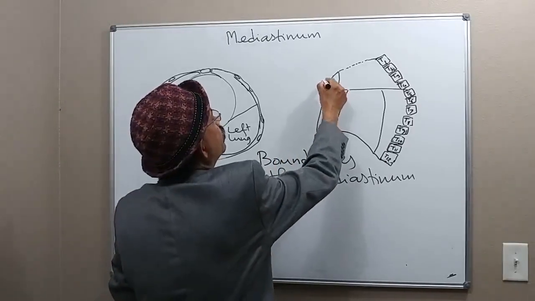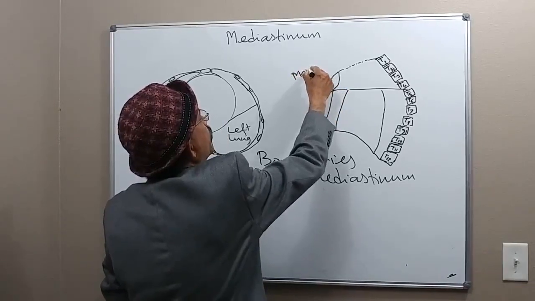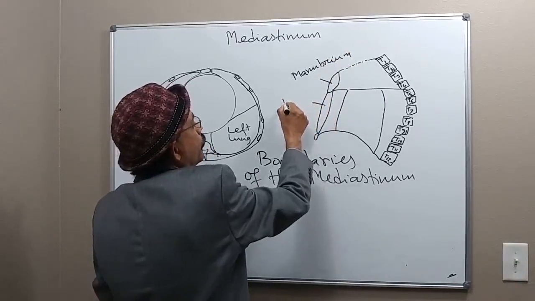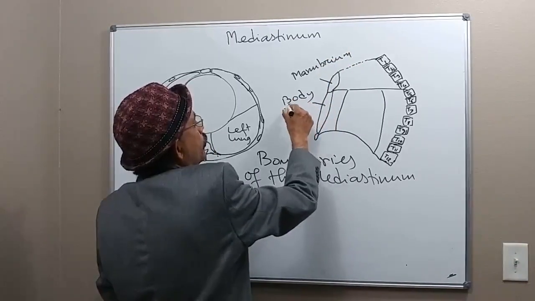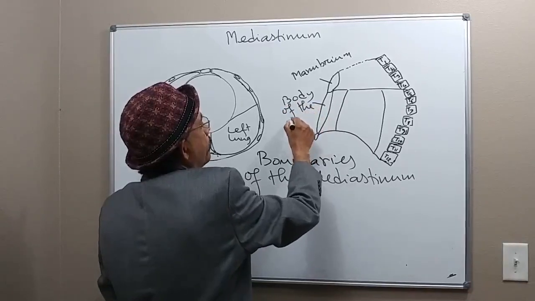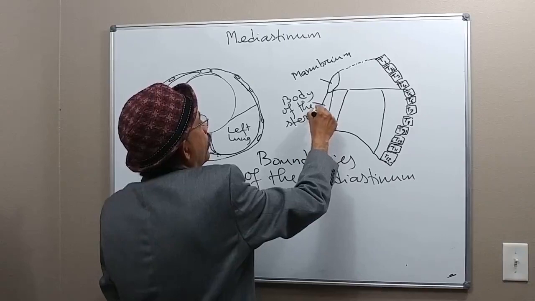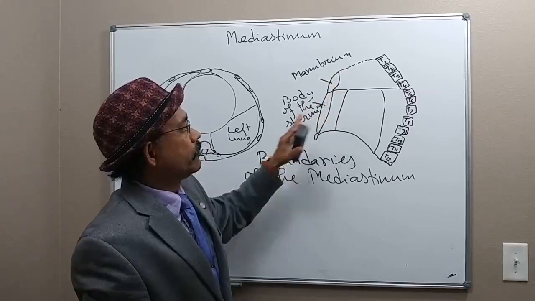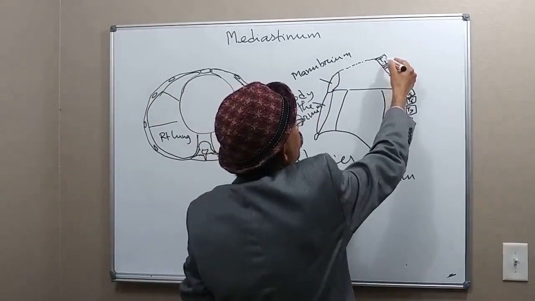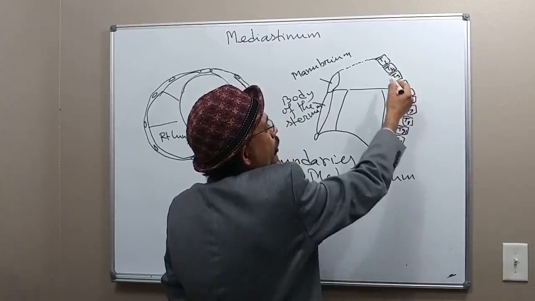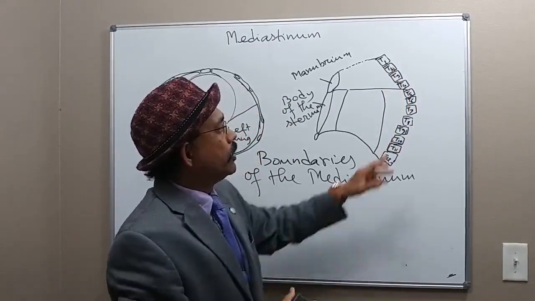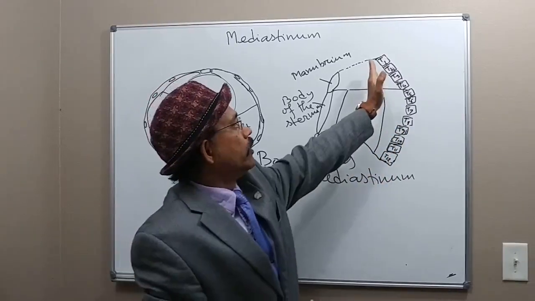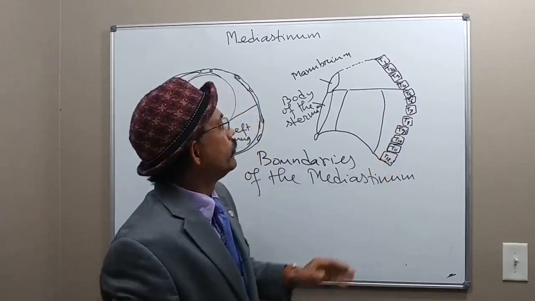This is the sternum, this is the manubrium, and this is the body of the sternum. So anteriorly it is bounded by the sternum. Posteriorly it is bounded by the 12 thoracic vertebrae, T1, T2, T3, T4, T5, T6, T7, T8, T9, T10, T11, T12. This is the posterior boundary of the mediastinum.